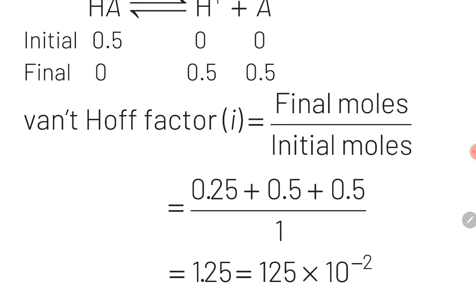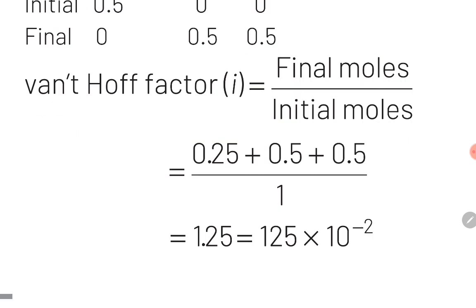Total final number of moles are given by 0.25 plus 0.5 plus 0.5. In this case, 0.25 moles are obtained on dimerization and 0.5 plus 0.5 are obtained on dissociation. Initial number of moles were taken as 1 mole and therefore denominator becomes 1.